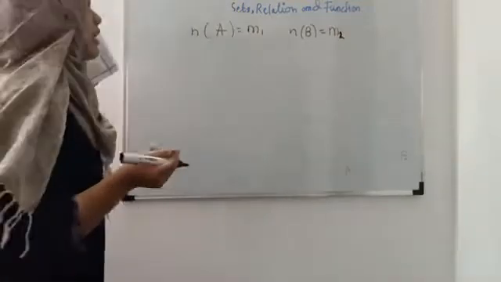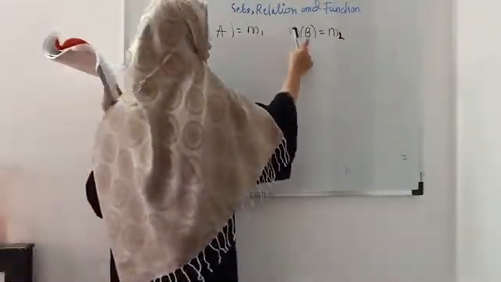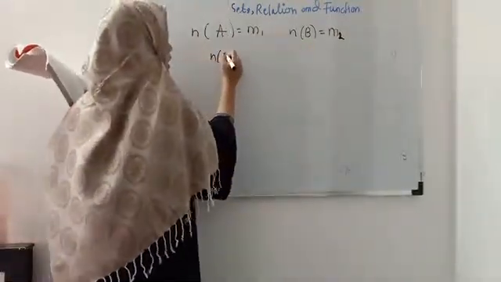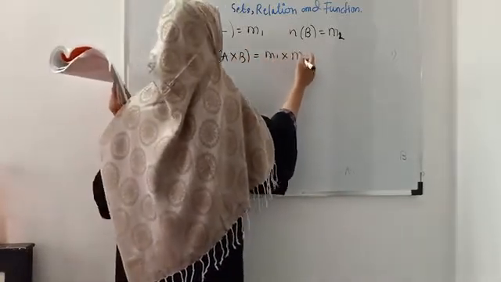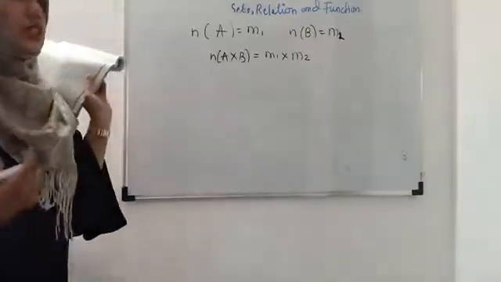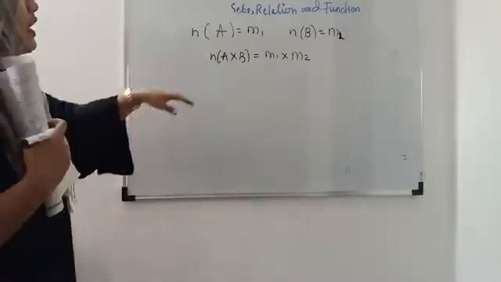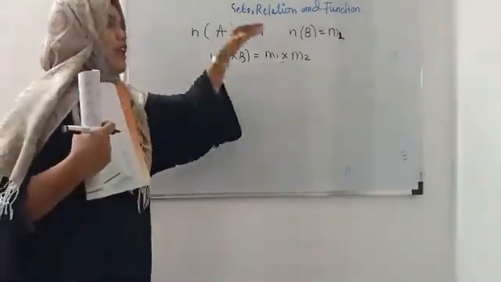Then we know that if the cardinality of A is M1 and the cardinality of B is M2, then the cardinality of A cross B is equal to M1 into M2. This is clear. The cardinality of A cross B will be M1 times M2.